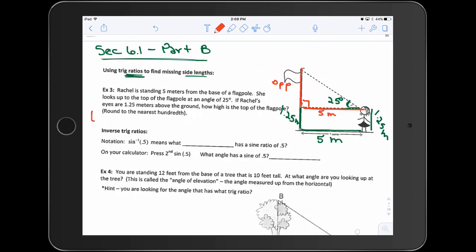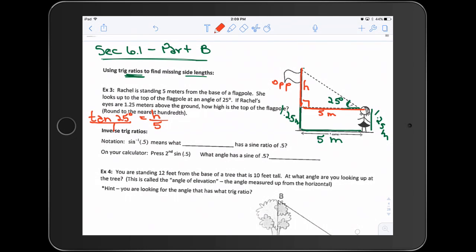So we're talking about tan of 25 degrees is equal to the opposite side, and you can call it whatever you want. I'm going to call it h. I'm going to label this as the variable h for height, over the adjacent side of 5. And so we've just created, using our trig ratios and the angle, a proportion.